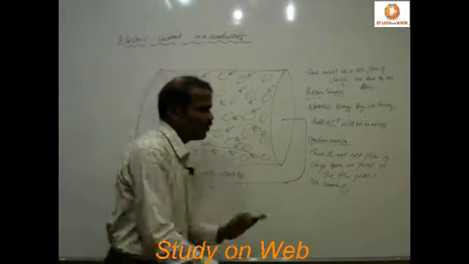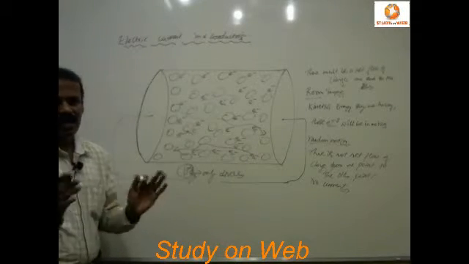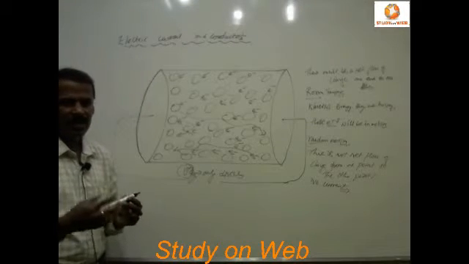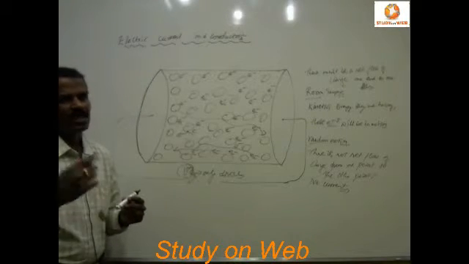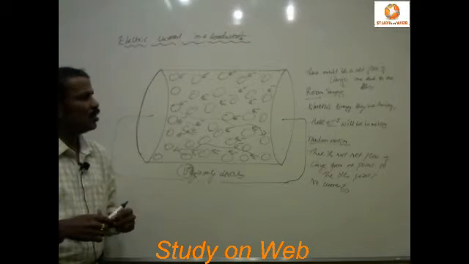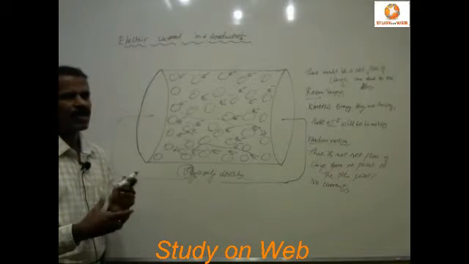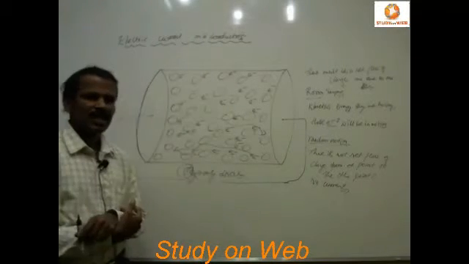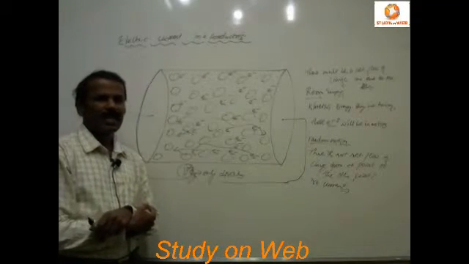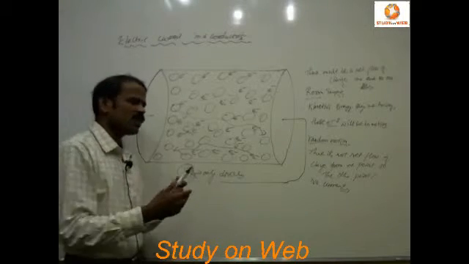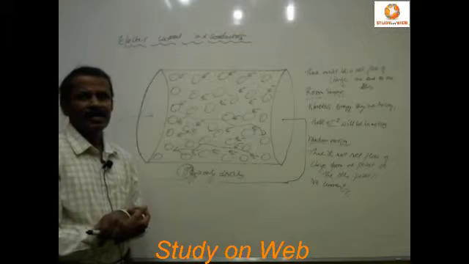This is why when you take an ordinary conductor, even though it contains so many free electrons, it does not actually have a current. So then what do we need to do to have the current? We need to apply a potential difference between the ends of the conductor. Without the potential difference, we will not get the current.